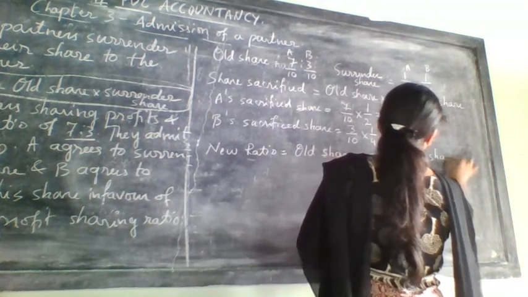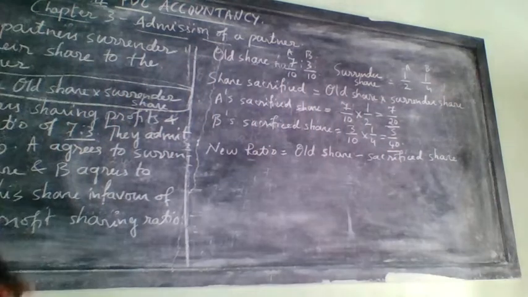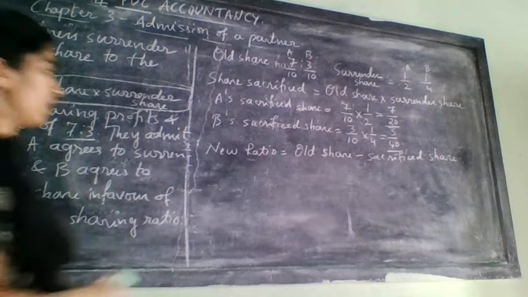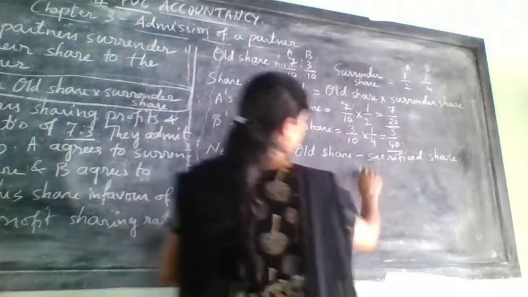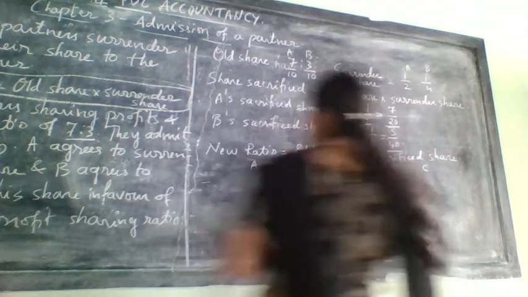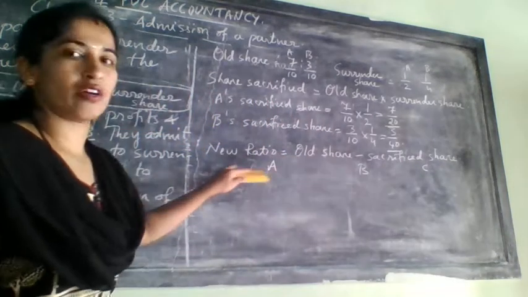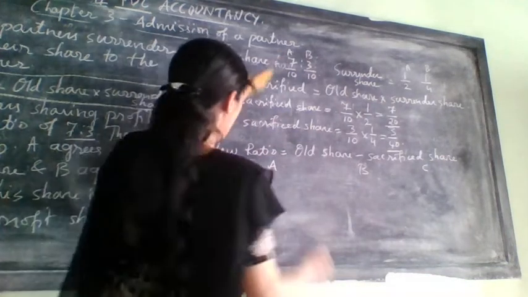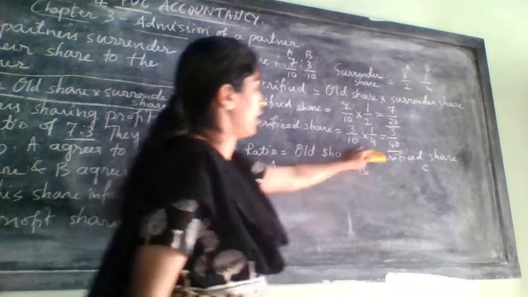For this, we will not write it in this way; we will write all three partners together. So start with A, then B, and then C. Now, the old share of A. What is the old share of A? It is 7 by 10 minus the sacrifice share.